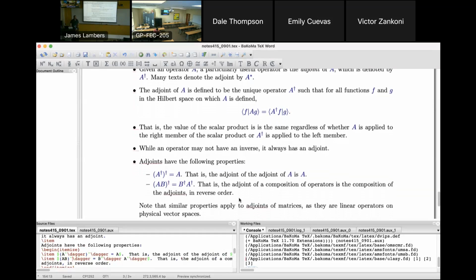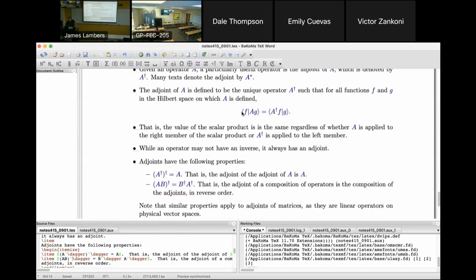You can think of the adjoint of an operator as analogous to the transpose of a matrix. We have the same kind of properties. The transpose of a transpose of a matrix is the matrix itself. The transpose of a product equals the product of the transposes in reverse order. The transpose of a matrix is the same as the adjoint.